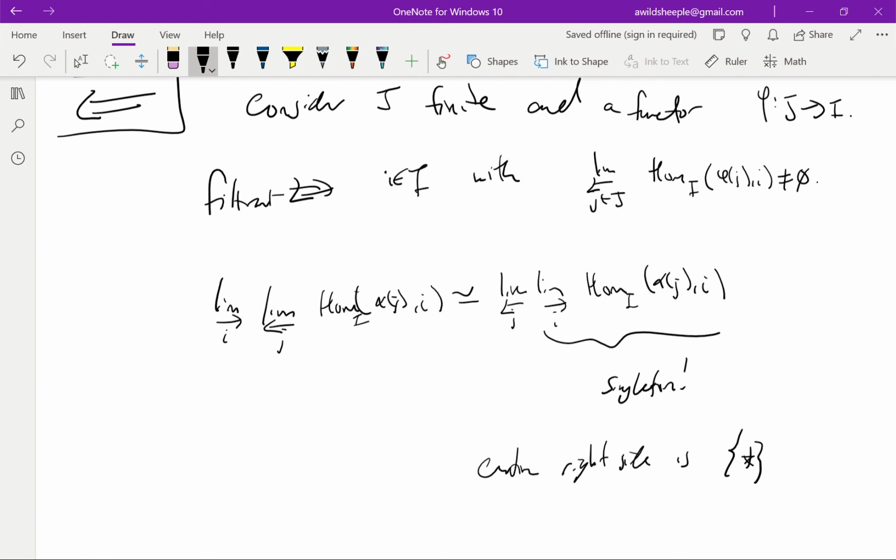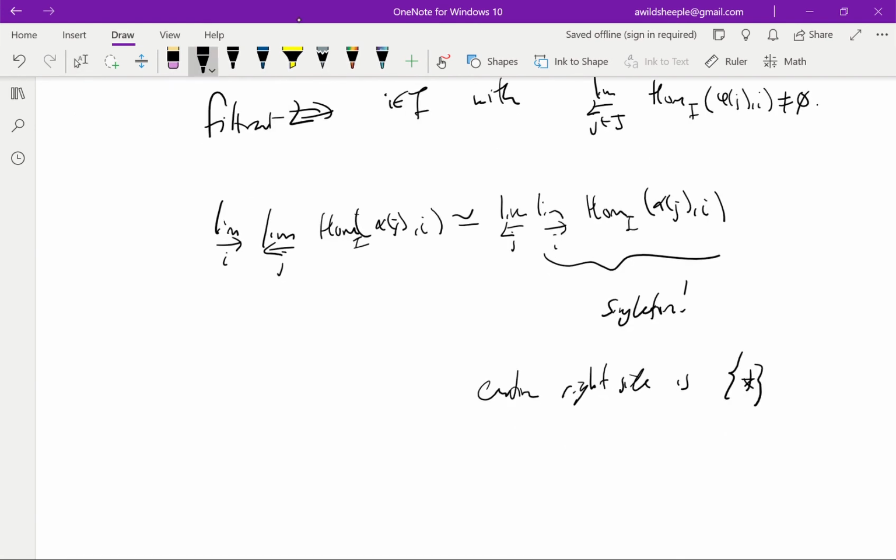And from that, that means that the left side must be, in particular, non-empty. And so this implies that the inside can't be empty, because I took the limit.